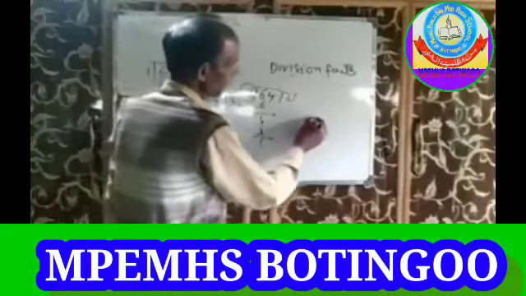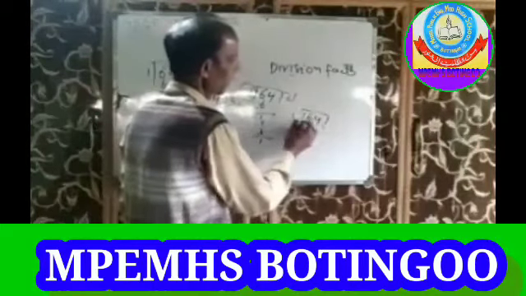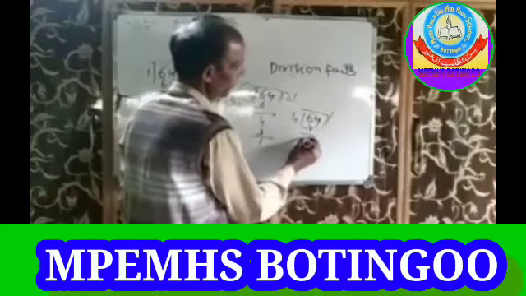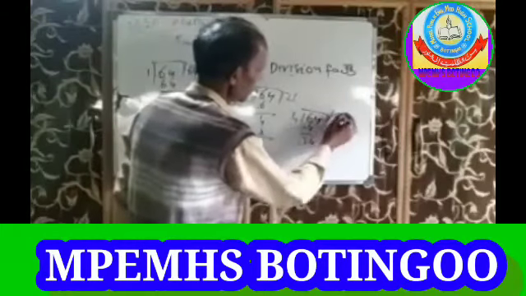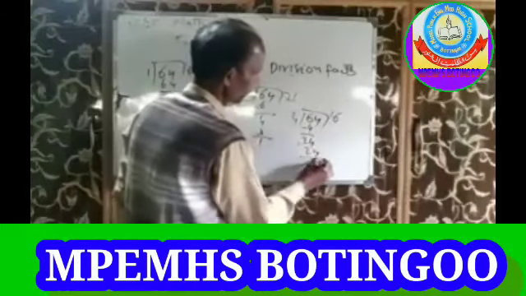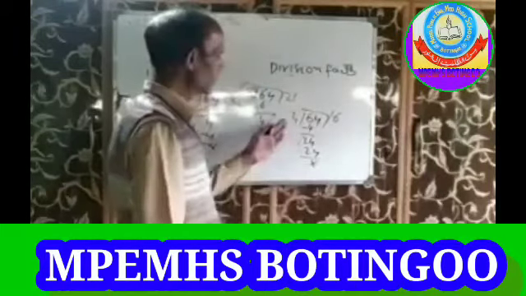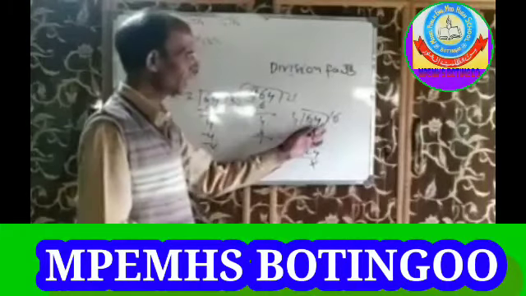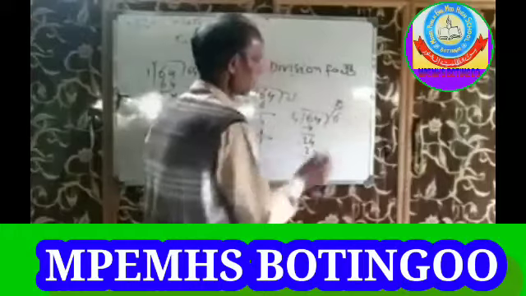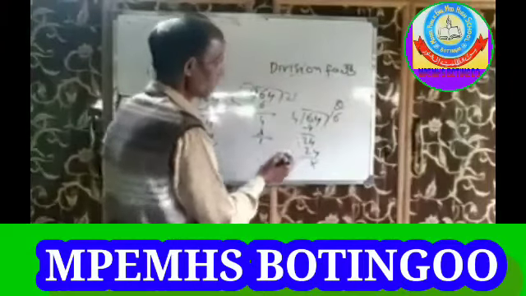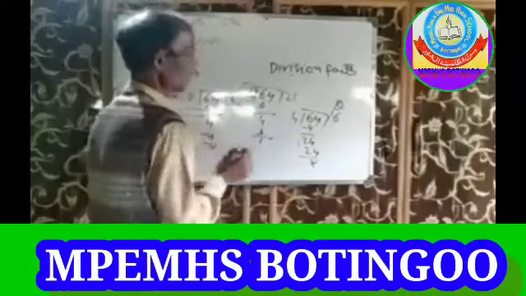After that, 64 divided by 4. 4 1s are 4. 4 6s are 24. So we can prove that 4 exactly divides 64. It means 16 is the quotient. So 4 is a factor of 64.